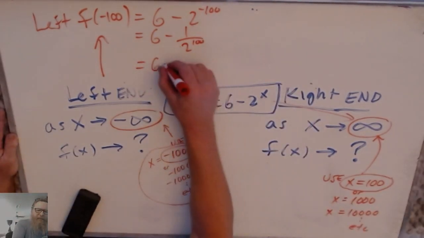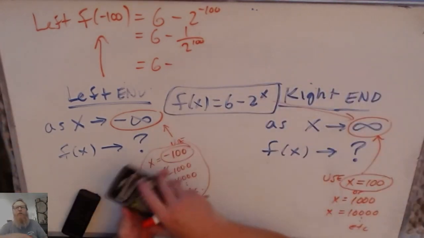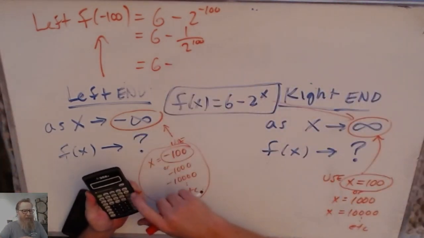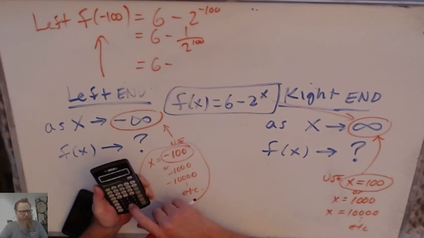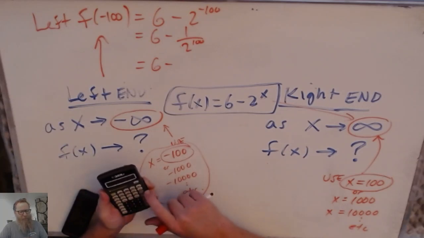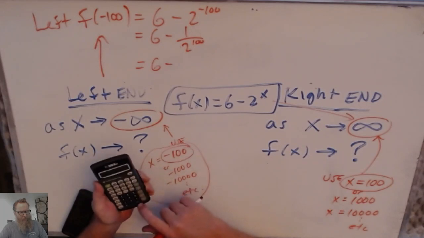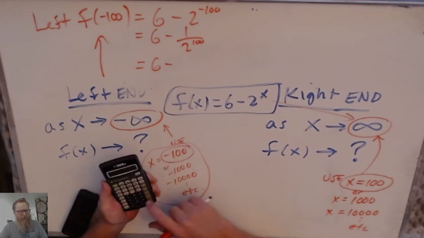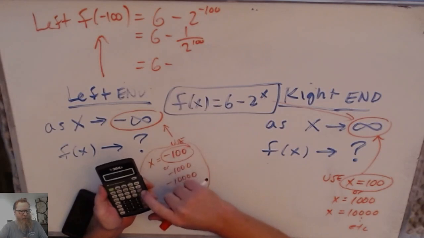So this is 6 minus, now watch this. When you do this on your calculator, negative 100, and then I'm going to go 2 to that power.